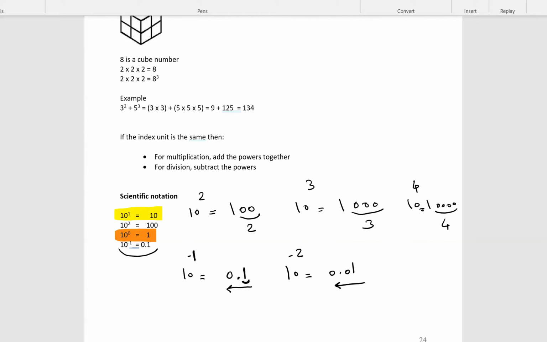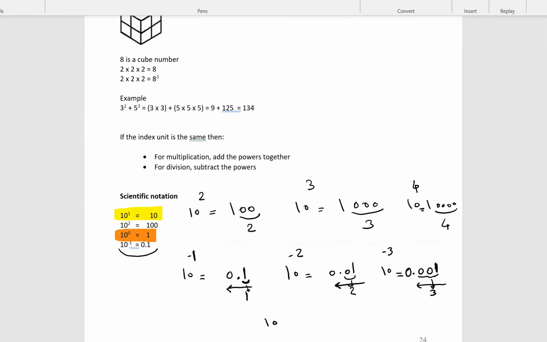So this for 2, this for 1. 10 to the power of minus 3, you put 1 and to the left 3 digits, you pass 3 digits to reach the point. First one, second one, and the third one, and then point. So you can see the 3 ones.